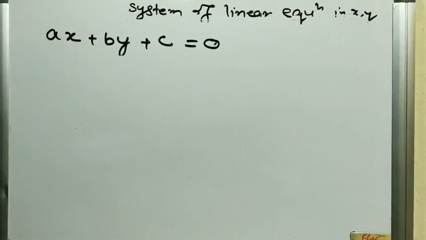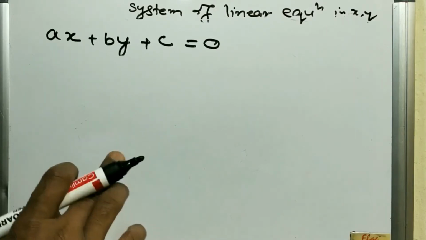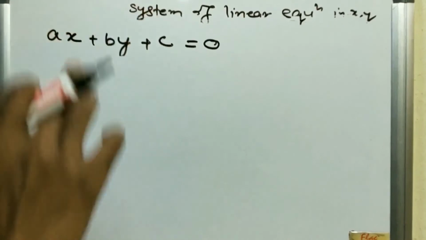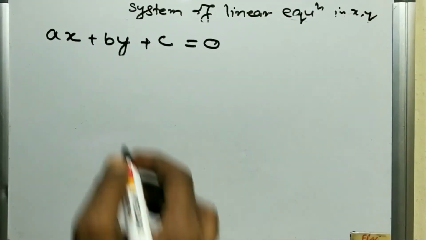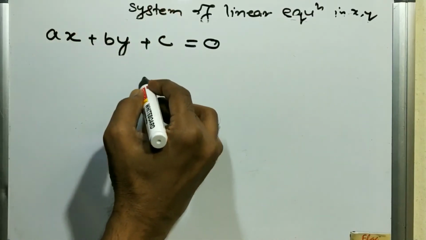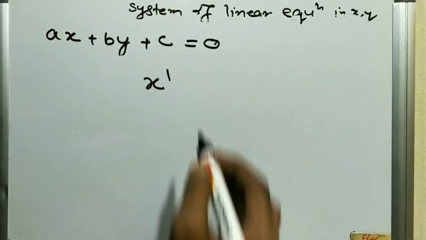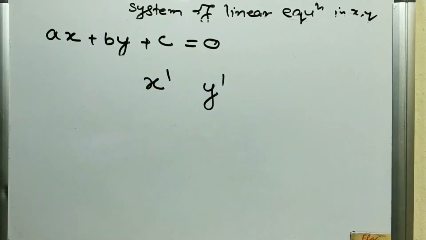Friends, any equation of the form ax plus by plus c is equal to 0 is called a linear equation in x and y, where a, b and c are coefficients and x and y are variables. We observe in this equation that the power of x is 1 and the power of y is 1.